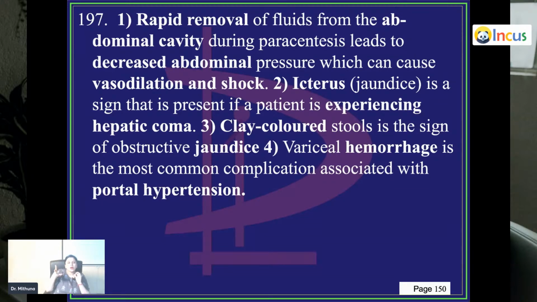Urobilinogen, the pigment which is supposed to come from bile, is not able to enter the systemic circulation. It is not entering into the lumen of the intestines. Neither is it getting excreted into the urine, because of this obstruction, bile is not being secreted.